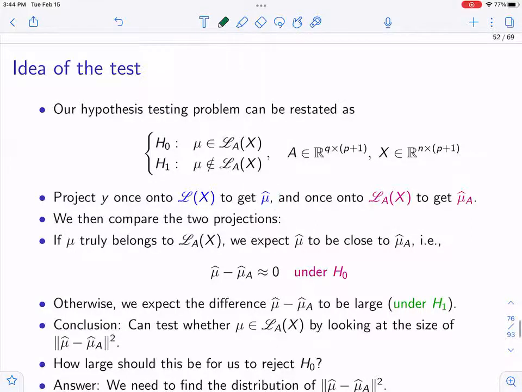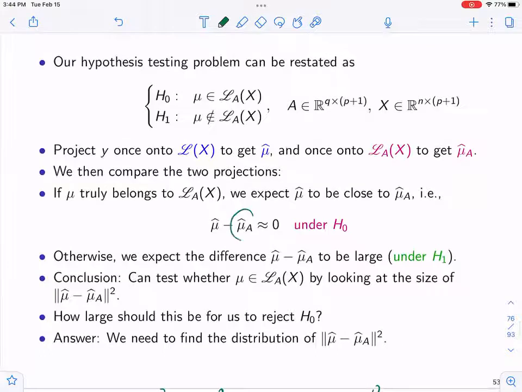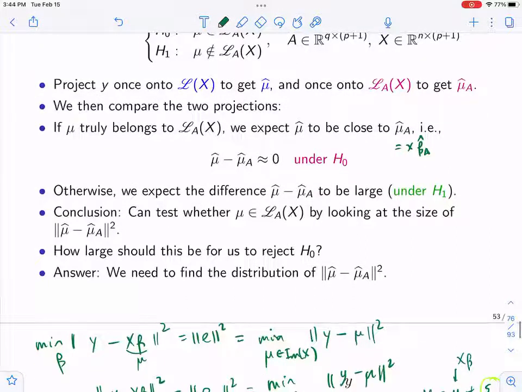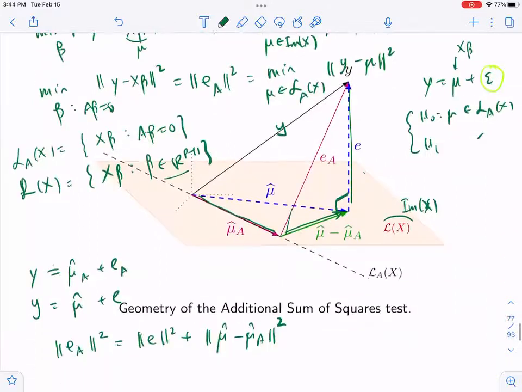We fit the restricted model, we get a mu hat A, which is just X beta hat A. And then we want to compare the difference of these two. It's similar to the difference of beta hats or the residuals. So here's the idea again, the geometric idea.